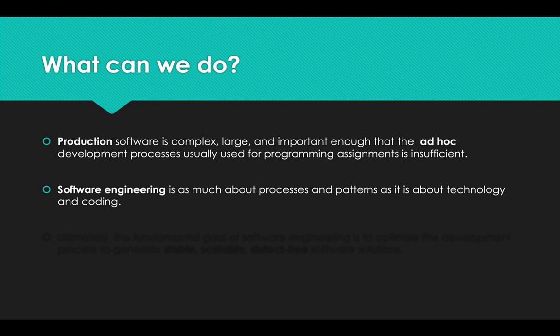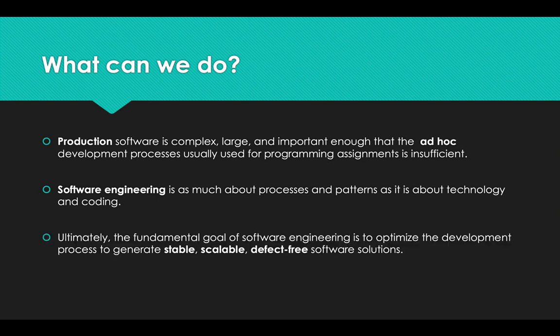So the fundamental take-home message is that software engineering is as much about processes and patterns that you can put in place to make code safe as it is about the actual technology and the actual act of coding that you're doing to put the systems together. And so fundamentally, the goal that you have as a software engineer is to provide a software solution to a problem that is stable.